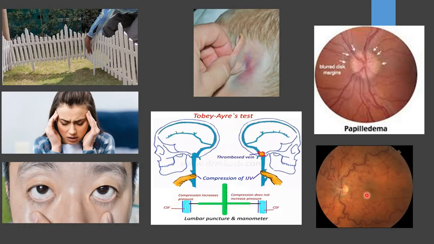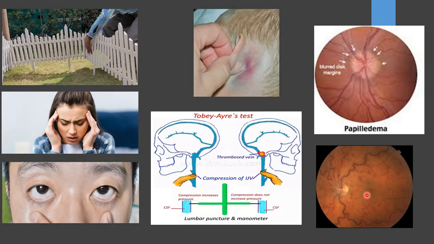Tobey-Ayer test and Crowe-Beck test are some classical tests for identification of lateral sinus thrombosis, which were very popular in the olden days and are not that popular with the advent of advanced imaging techniques these days, and also because of the false negatives and false positives associated with these tests.